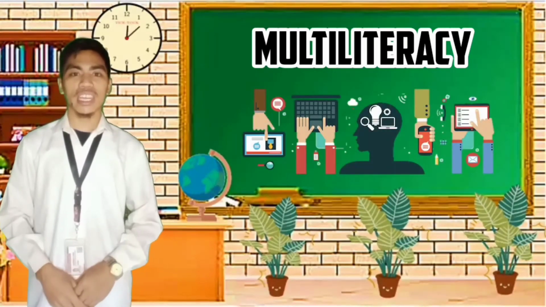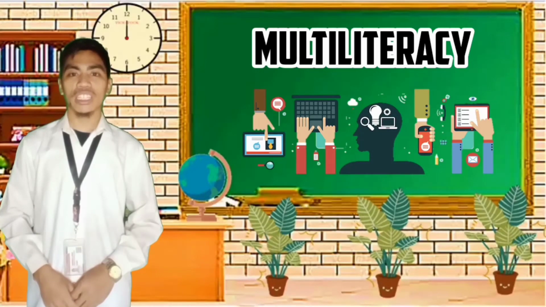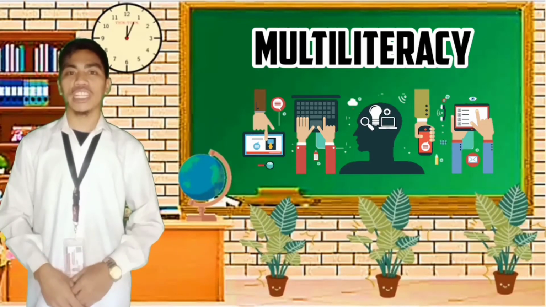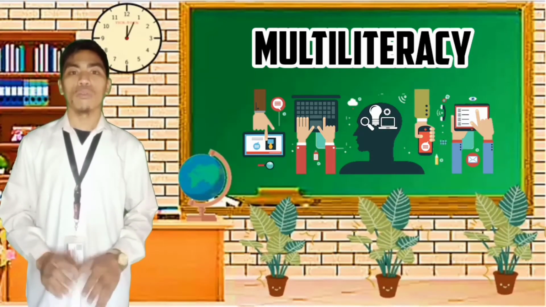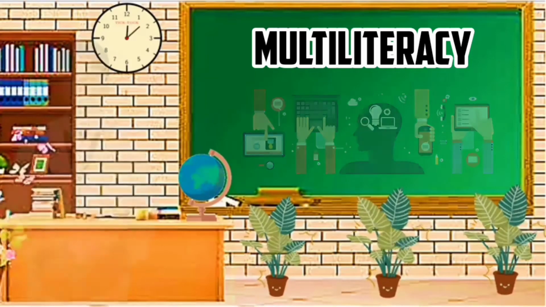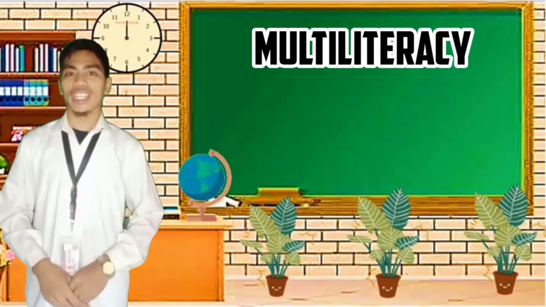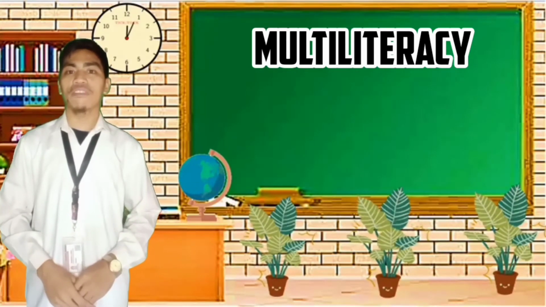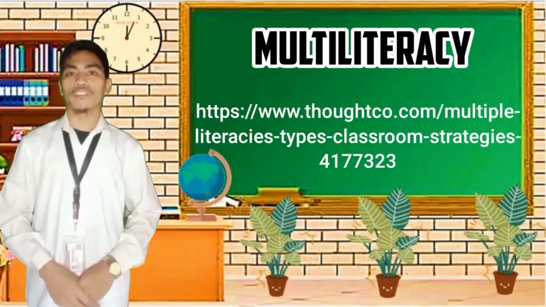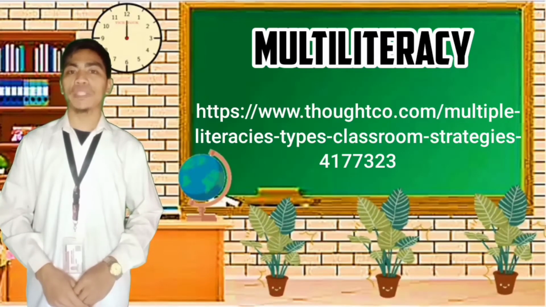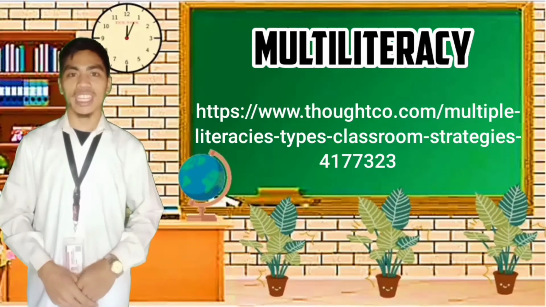Digital literacy is the ability of the learners to explore the digital world to have additional information aside from what they have gained in the classroom. There are a lot of roles of multiliteracy in response to the ever-growing paradigm of curriculum. Visit the links below for further reading or deeper understanding about multiliteracies.